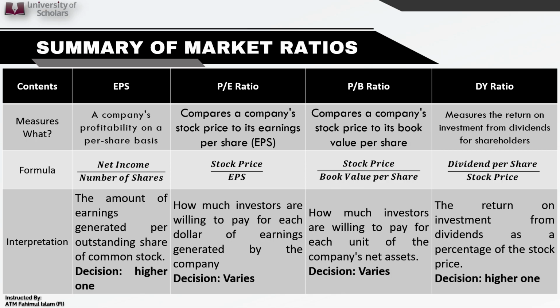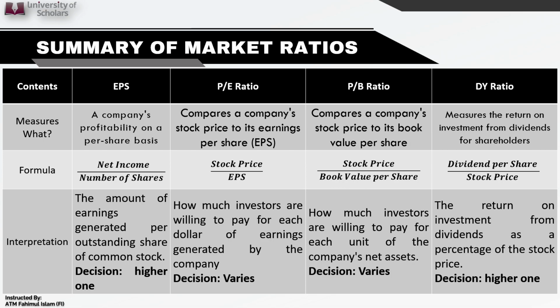It is also a key metric used by investors to evaluate a company's profitability and to determine the relative attractiveness of its stock. A higher EPS generally indicates higher profitability, although it's important to consider other factors such as revenue growth, profit margins, and industry benchmarks when evaluating a company's performance through EPS.